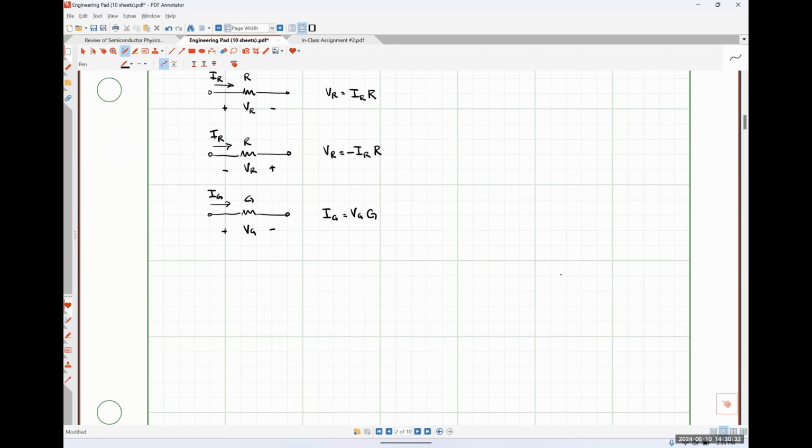And whenever we have a conductance and the current is flowing into the negative polarity terminal, like so, Ohm's law will get a minus sign.